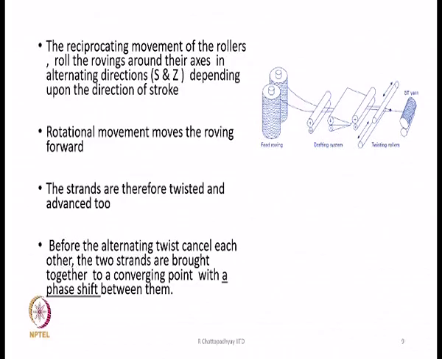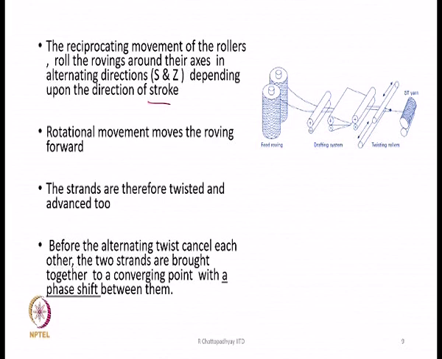Therefore, the reciprocating movement of the rollers will roll the roving around its axis in alternating directions depending upon the direction of the stroke. And the rotational movement, as I said, will move the roving forward.